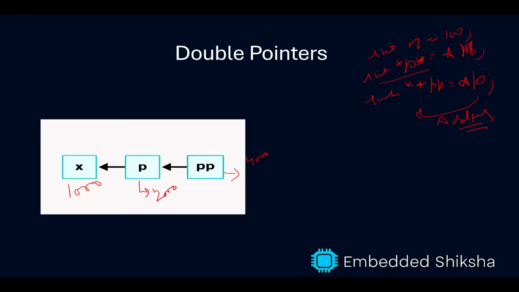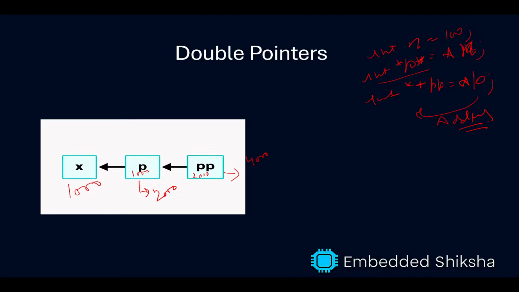Now pp is holding the address of p, which means pp will have the value 2000 stored in it. p is holding the address of the x variable, and the address of x is 1000, so p will hold the value 1000 in it.